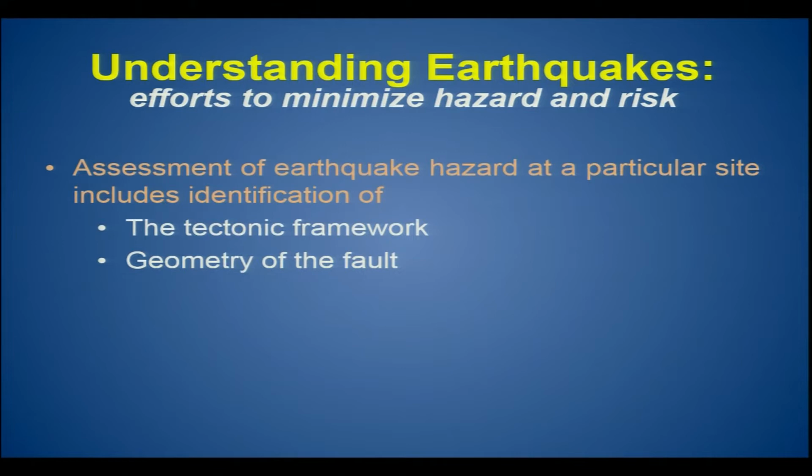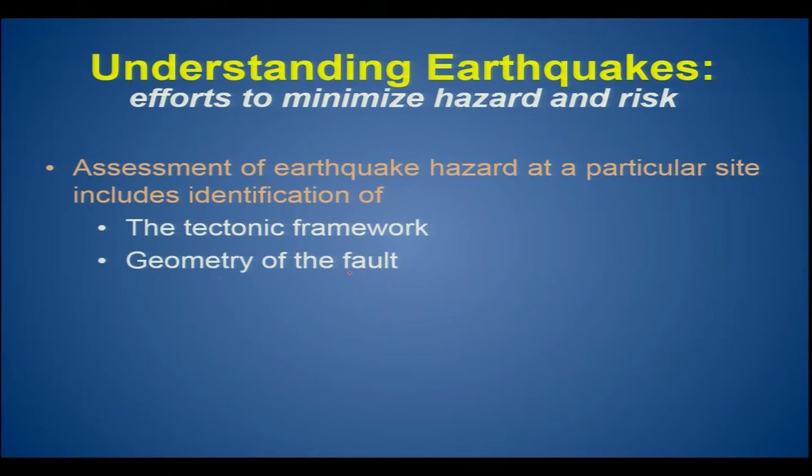You are coming down to the local scale, where we talk about the fault geometry, and what types of different faults are there. I will talk about this in coming lectures, because these are extremely important aspects which will play an important role, that is the geometry of the fault, when we are talking about the hazard.